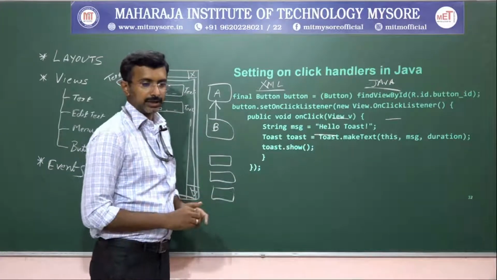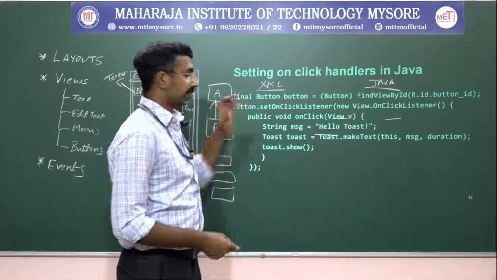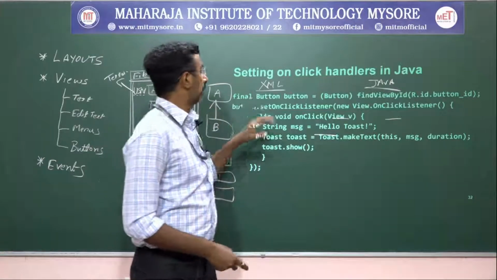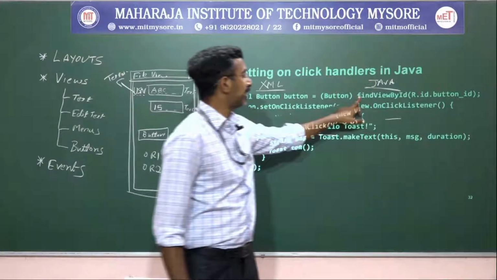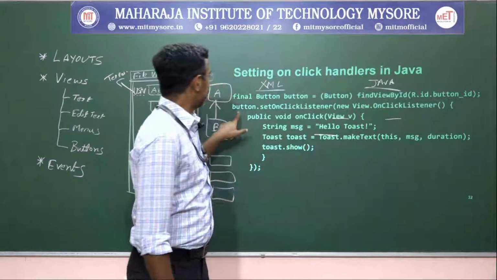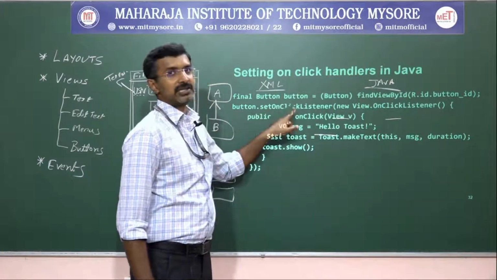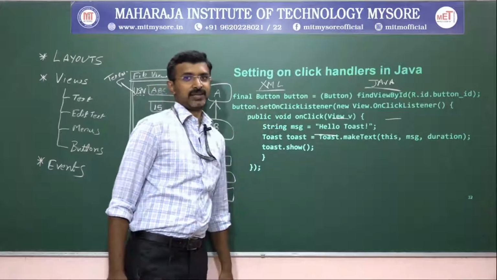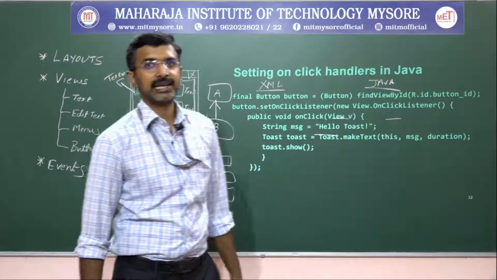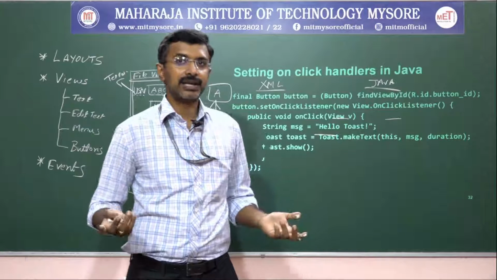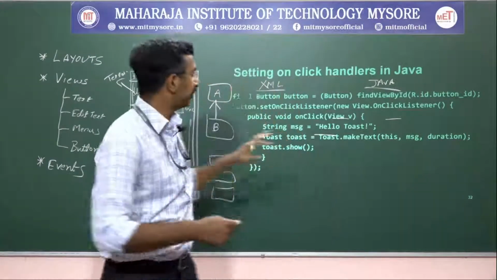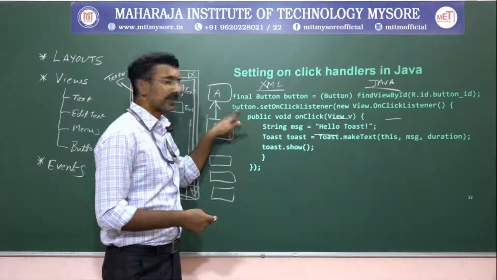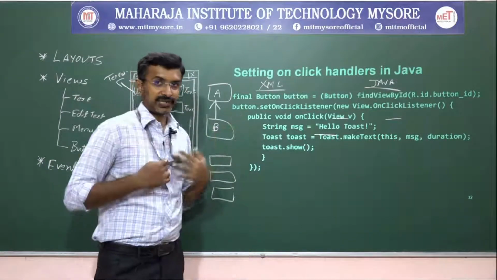Setting on click listener in Java. Can we do that in Java also? Yes. First you have created a button for which you have findViewById, and then button.setOnClickListener. This is how we did it. Using Java itself, we created a listener telling that if there is an event clicked on this particular button, I would like to listen to it.